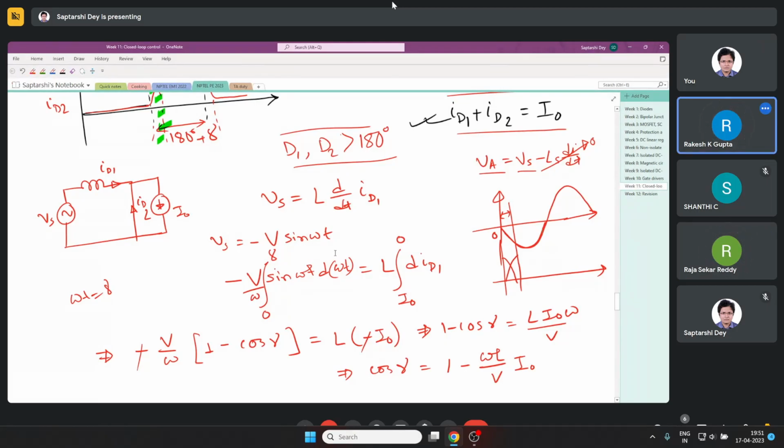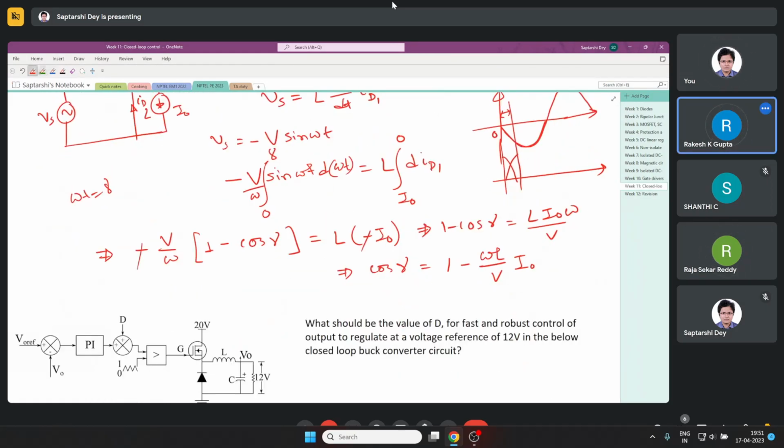Sir, if L is 0, then gamma should be 0. Yes, I was going to say that. So if L is 0, then cos gamma is 1, so gamma is 0. If L is infinite, then gamma should be 90 degree. Gamma 90 degree means what? Cos 90 is 0.